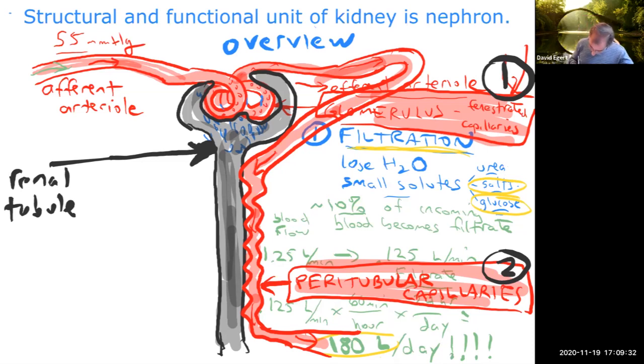So part 1, I said, was filtration, where you are creating this filtrate. The next part is you're going to have to bring back the stuff you want to keep in your body. So part 2 is what we call tubular reabsorption.